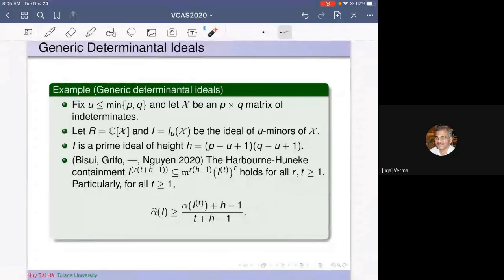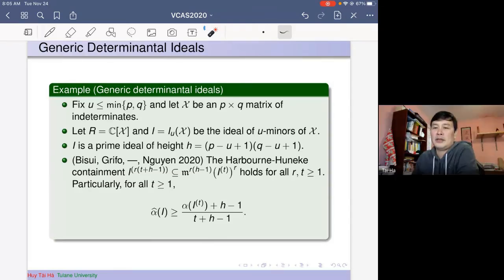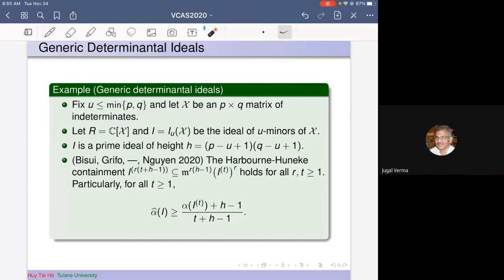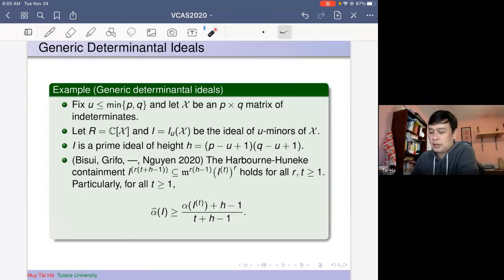Because we know the resolution, maybe if we could figure out the resolution for the symbolic powers, it would probably answer the question. That's why my first thought is that it should be known, but I don't recall seeing it. I think that's a good question to look at.